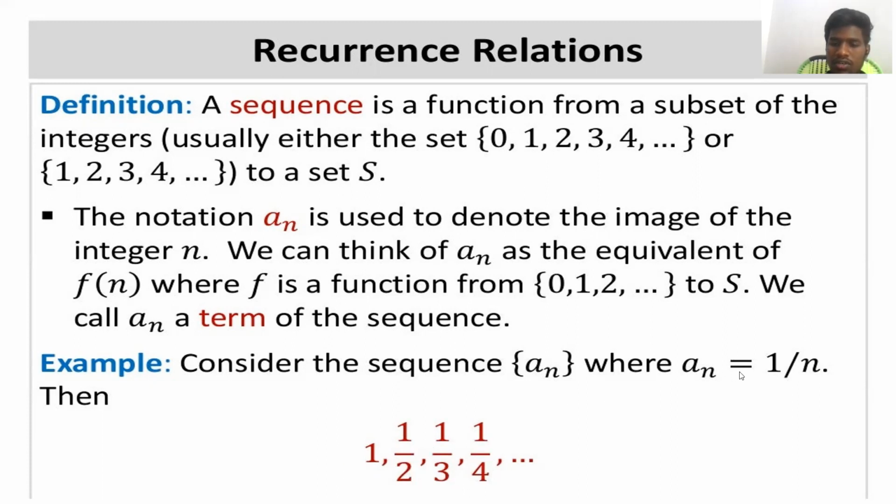This is the sequence for the given condition, that is a_n equals 1 by n. If we substitute 1, 2, 3, and so on in the place of n, we will get the sequence. So this is the sequence we will get. This we will call recurrence relations.